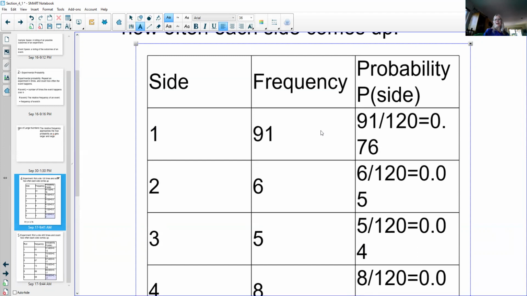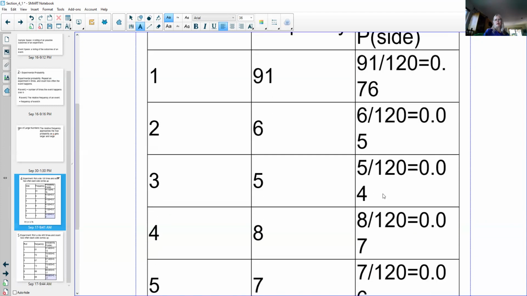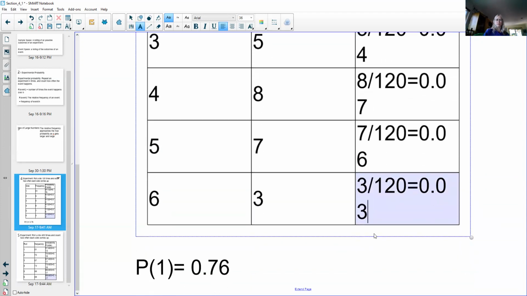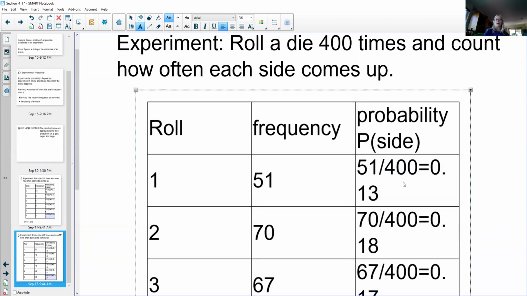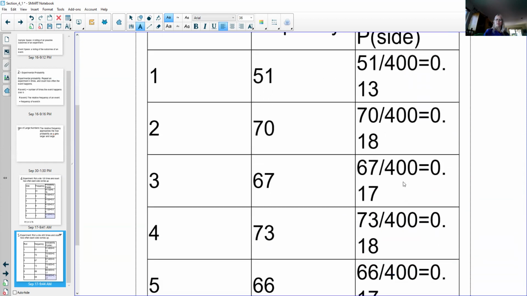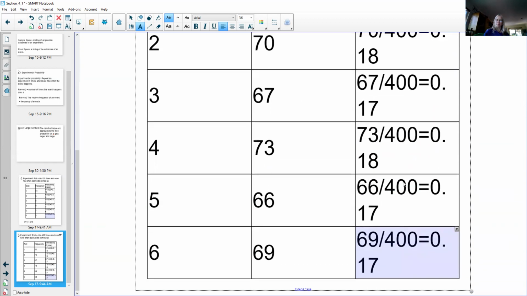Now, with a die, I would expect them all to be about the same. I would expect all of these sides to be about the same, like it was on this die. Looking at this die, they're all about the same, and that's what I would expect to happen.